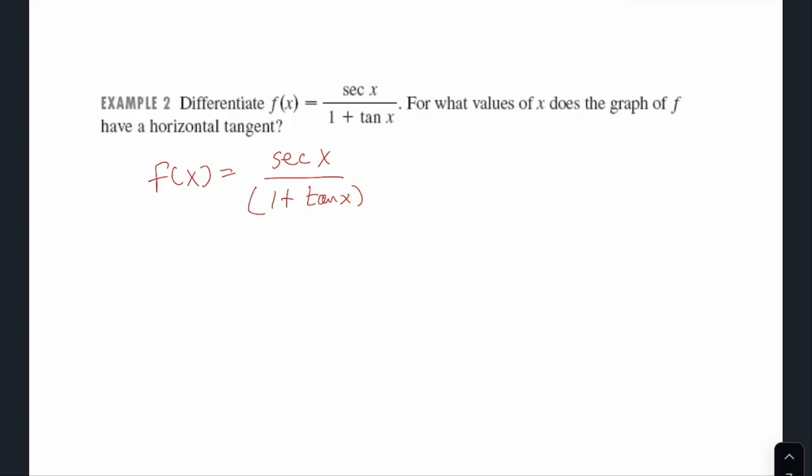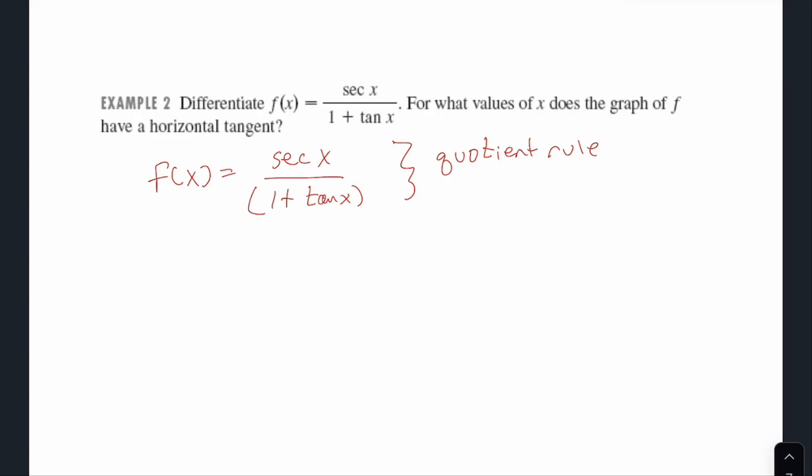That would be my hint to you, so that we remember we have to use the quotient rule on this derivative.